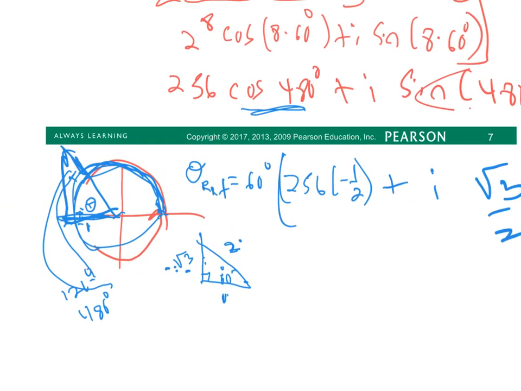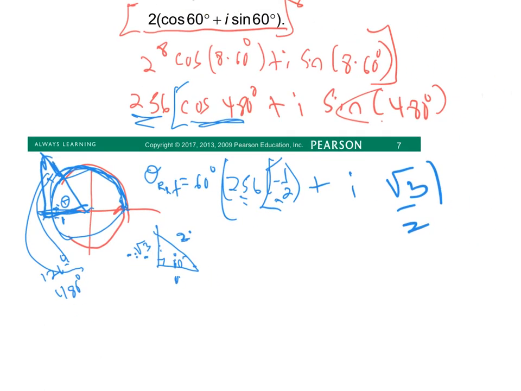Well, if I distribute that 256 in, because it was on the outside of both of those, it is on the outside of that whole problem. Half of 256 is 128.